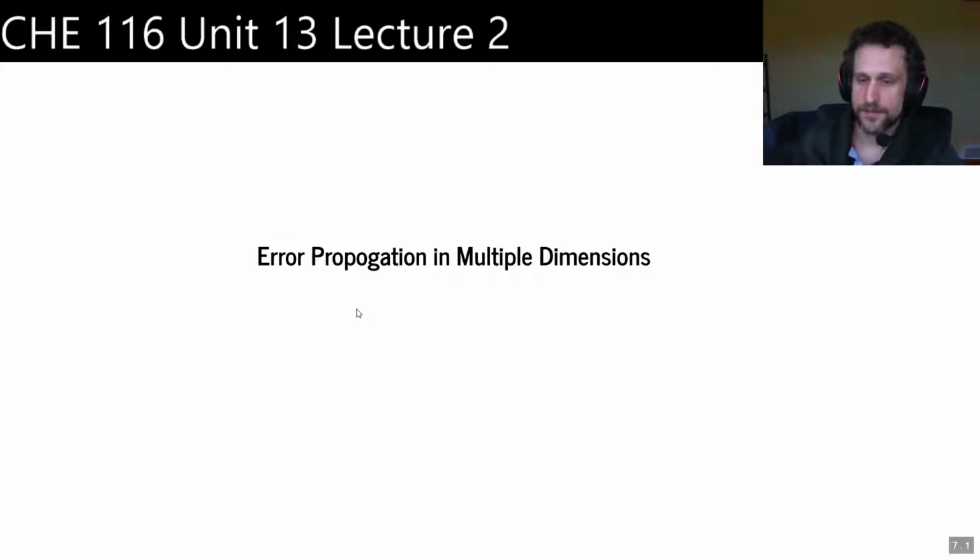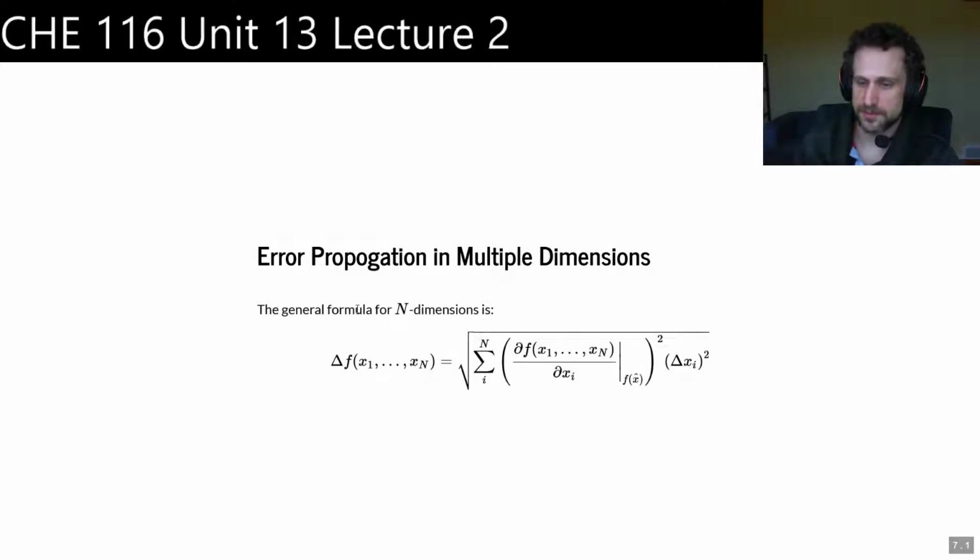So the next question is, how do you deal with multiple dimensions? This equation is kind of intimidating, but it's actually pretty straightforward. All you do is evaluate the partial derivatives of each independent variable which has uncertainty, multiply them by the uncertainties, and then take the Euclidean norm.